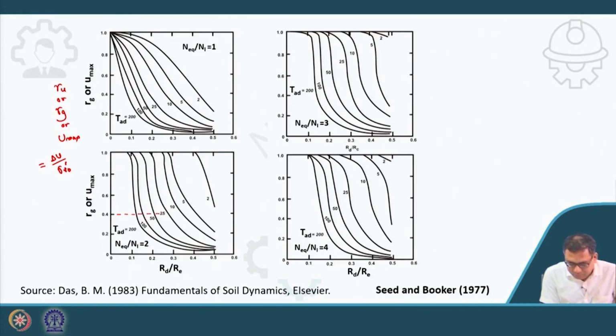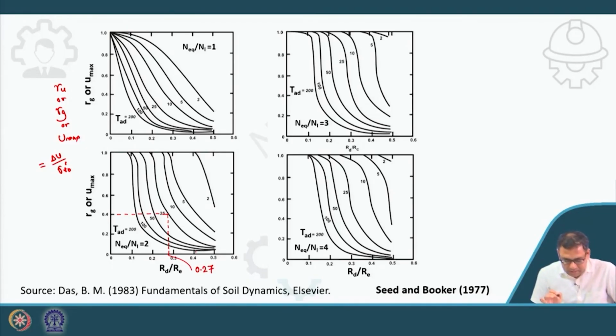Now your RD by RE will be around 0.27, because this is 0.2, 0.3, 0.4, so around 0.27.